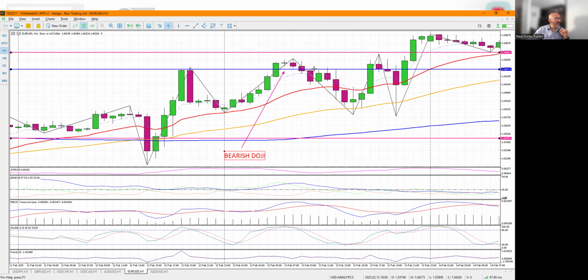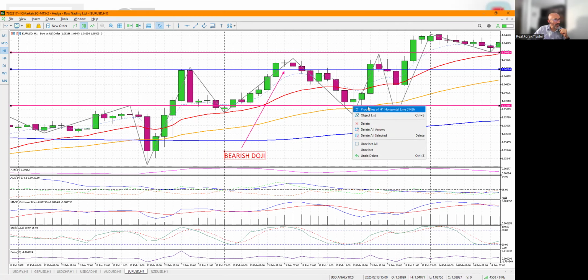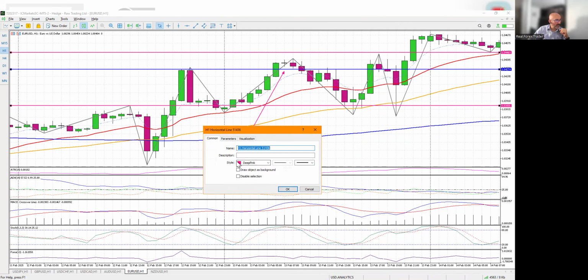So if I have 20 or 22 pips in my stop loss, it means that my take profit should be 2R, and the 2R is 40 pips. So I should place my take profit around this level. So it's around here, all right? So that's how I place it.